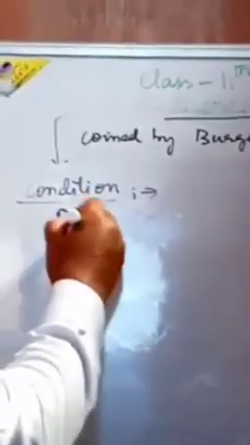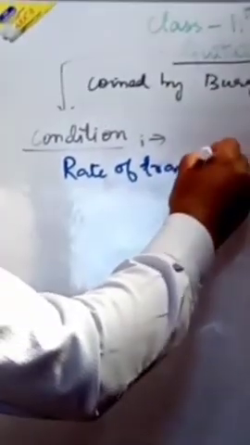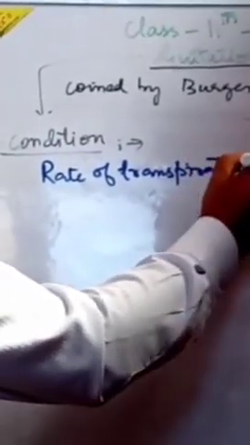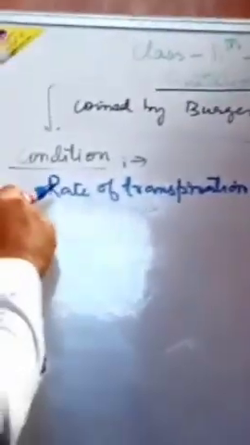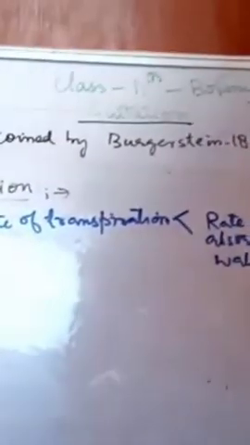If the rate of transpiration is less than the rate of absorption of water, or we can say directly, if the rate of absorption is greater than the rate of transpiration, then at that time the phenomenon of guttation takes place.